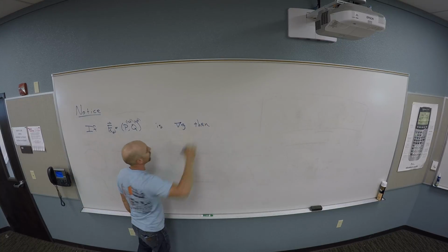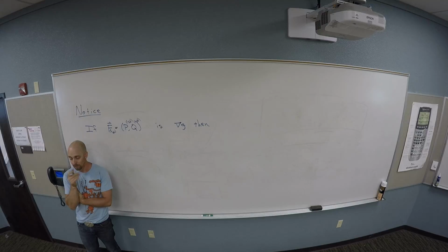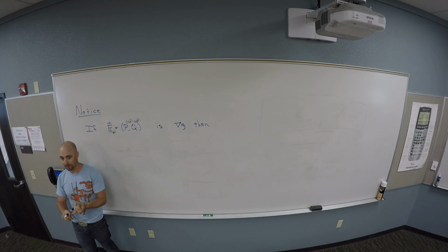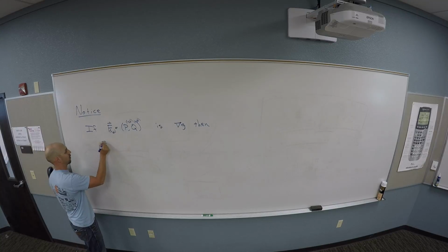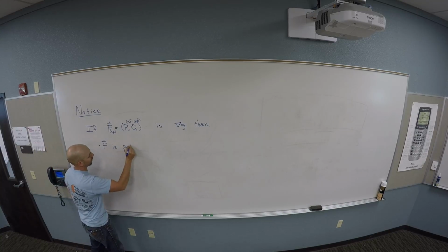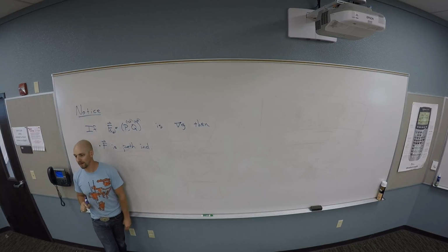So if this, then what? The vector field is path independent. Okay, perfect. How do I know that?